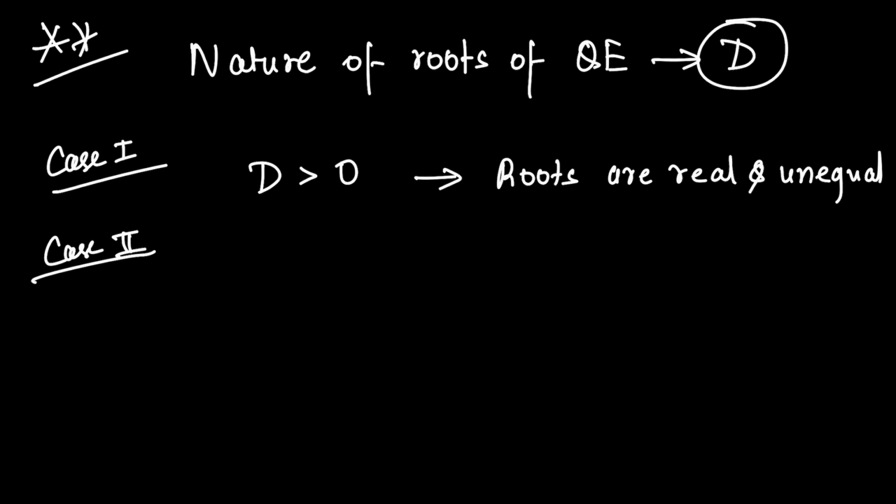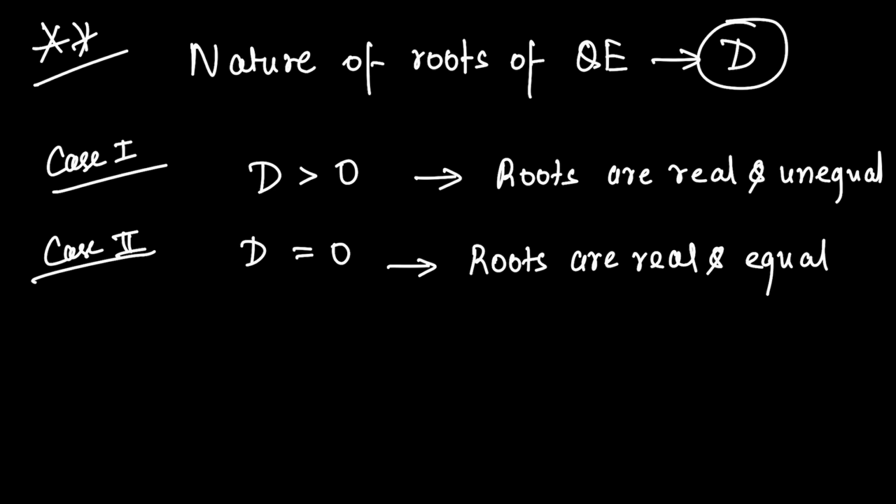Case 2. When discriminant is equal to 0, that means the roots are real and equal. And when discriminant is less than 0, that means the roots are imaginary.